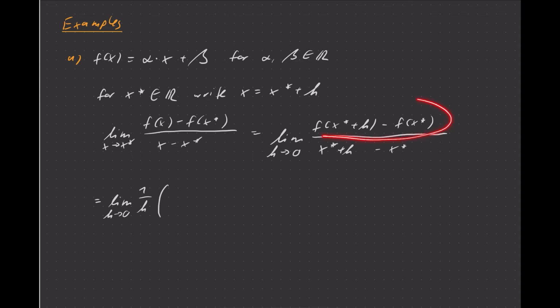Numerator is this one here. So let's take the function definition and substitute the x values into that definition. And what we get is alpha times x star plus h, plus beta. So this is f of x star plus h here.